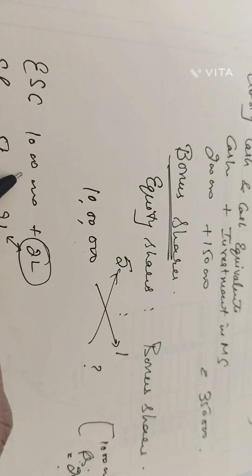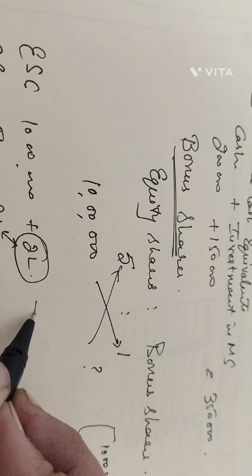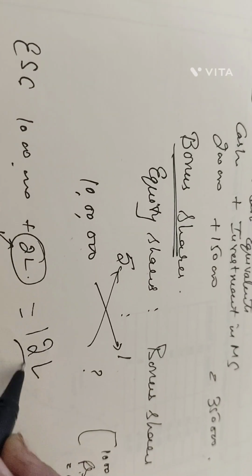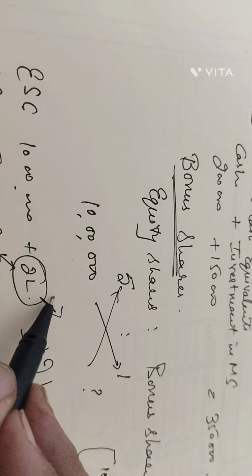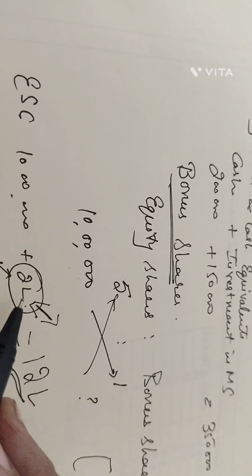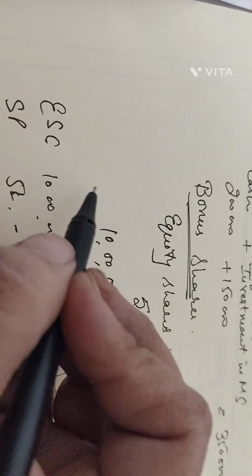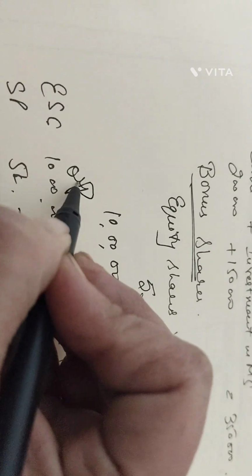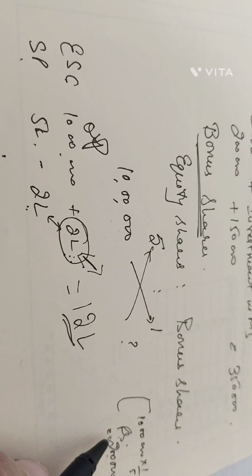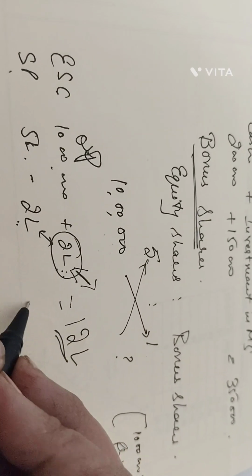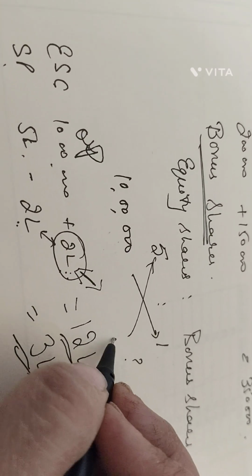Initially, equity share capital was 10 lakh, to which 2 lakh was added, so the closing balance of equity share capital was 12 lakh. That means there is a change of only 2 lakh, which was because of the issue of bonus shares. On the other hand, security premium's opening balance of rupees 5 lakh showed a deduction of 2 lakh, the amount of your bonus shares, so the closing balance of security premium is rupees 3 lakh.